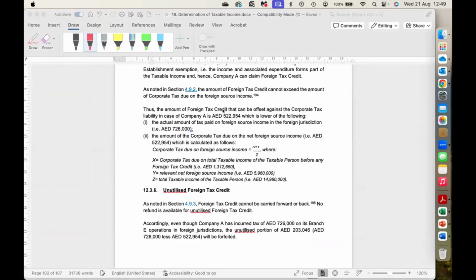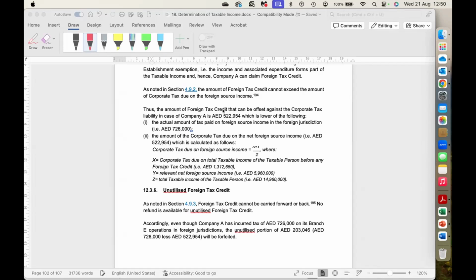If they are getting a dividend from a foreign juridical person and participation conditions are not met, what will be the treatment of the dividend? The dividend will be straightforwardly subject to tax. If the conditions are met, it will be exempt; if the participation conditions are not met, it will be subject to tax.